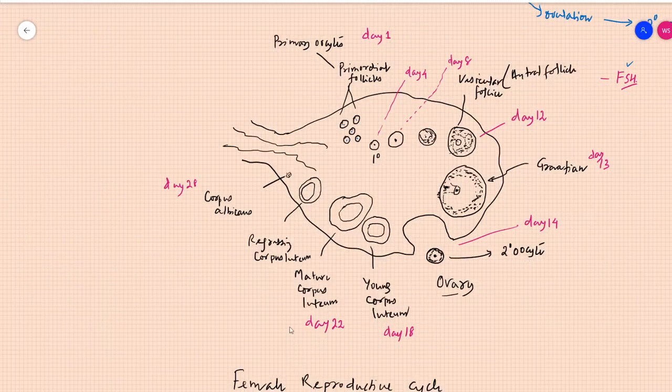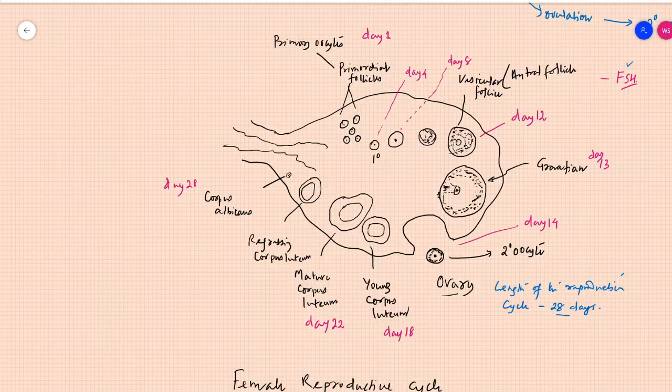Okay, we also need to remember that the length of the reproductive cycle is 28 days. Okay, so this is an ideal condition. All right.